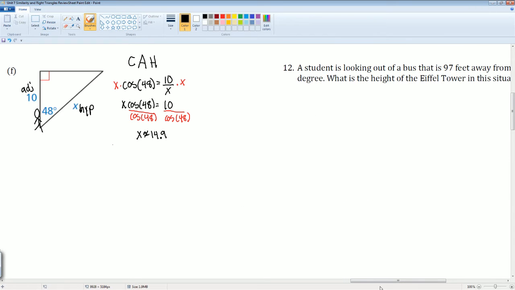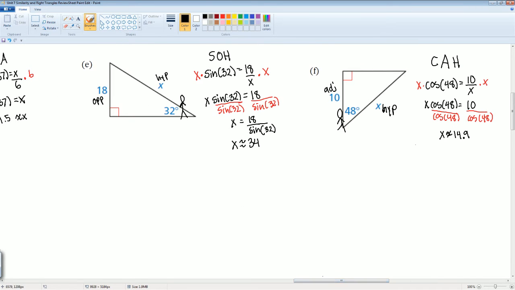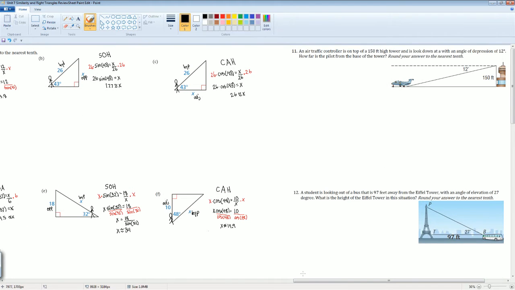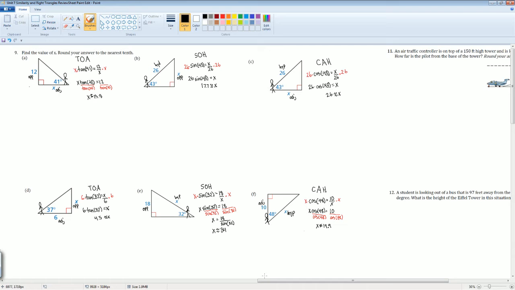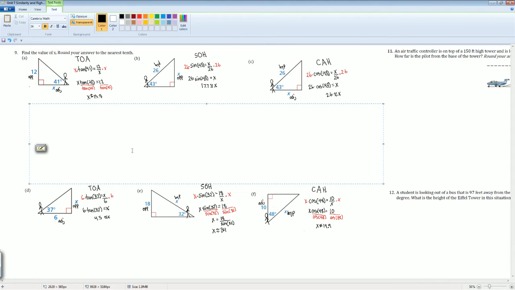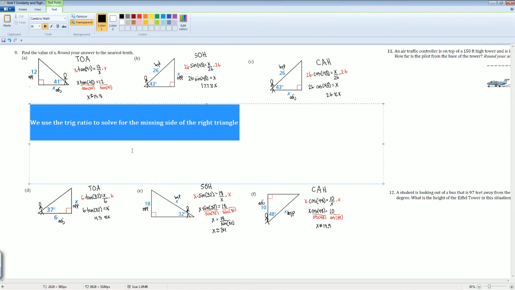Notice that all these problems that we did, from number 10, were just for us to find the sides. Okay, so I can write this. We use the trig ratio to solve for the missing side of the right triangle.